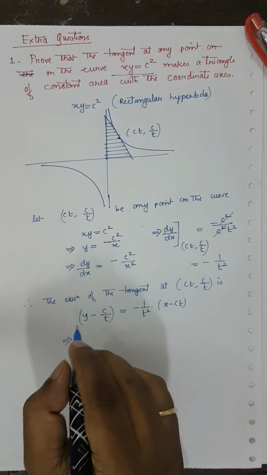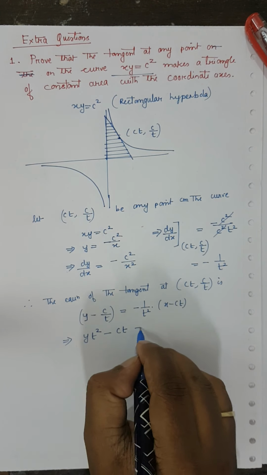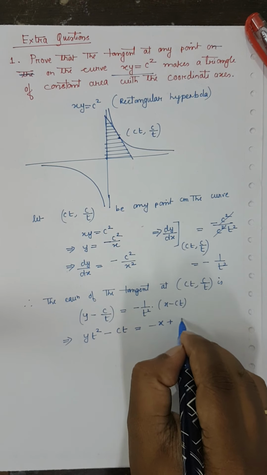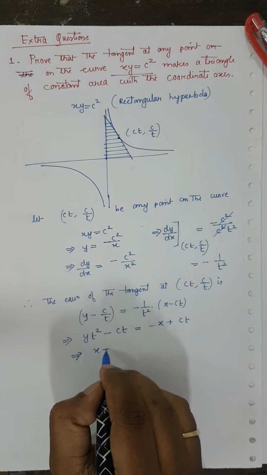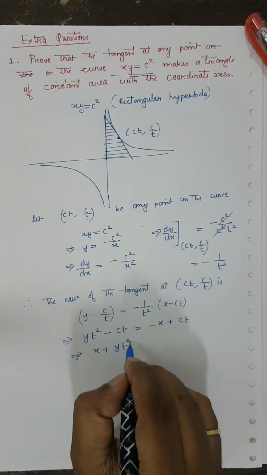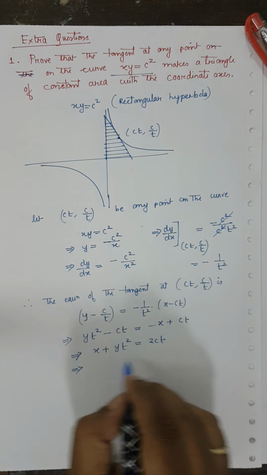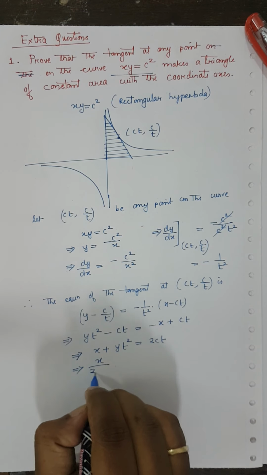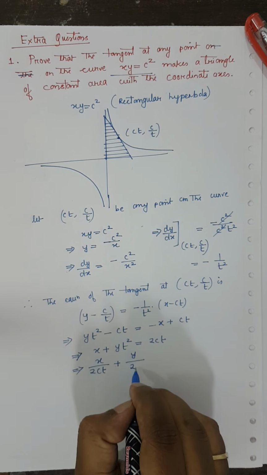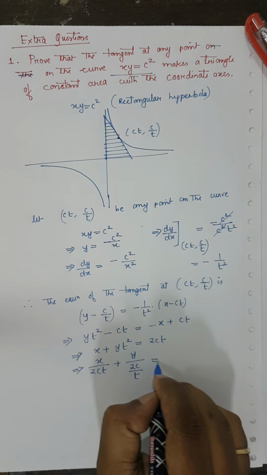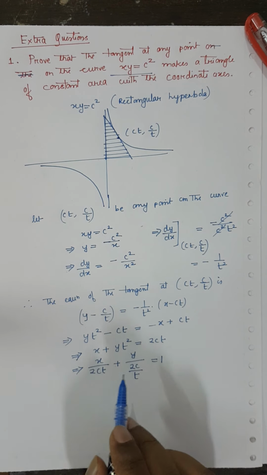Therefore we are getting yt² − ct = −x + ct. After calculation, you will get x + yt² = 2ct. Dividing by 2ct, you will get x/(2ct) + y/(2c/t) = 1. This is the equation of tangent in intercept form.